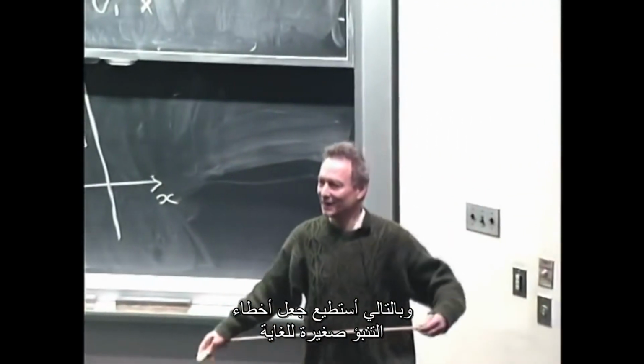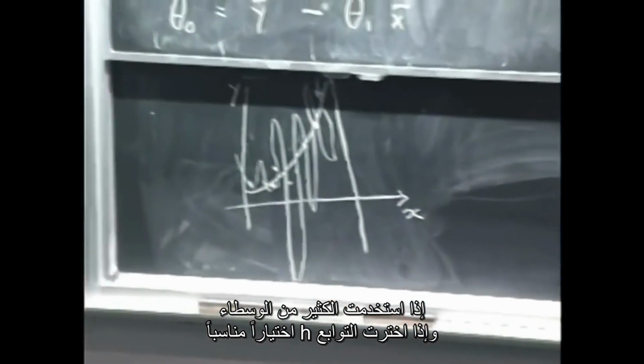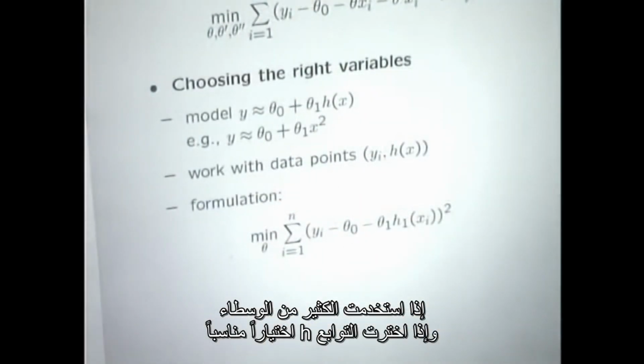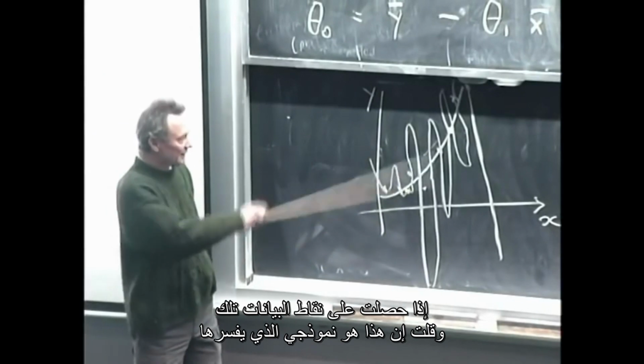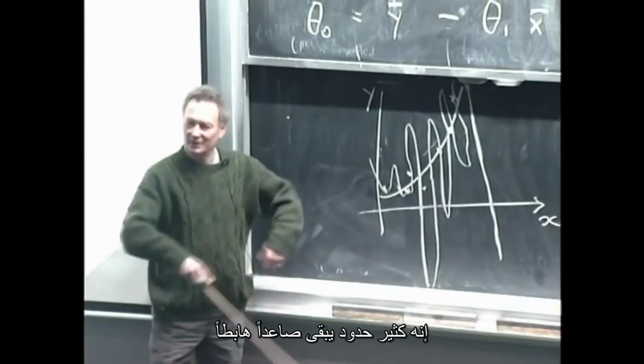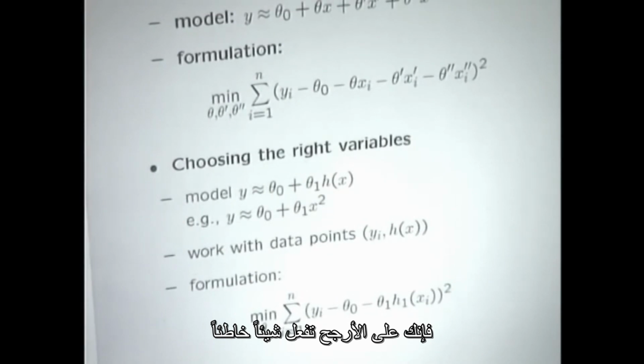So I can make my prediction errors extremely small if I use lots of parameters and if I choose my h functions appropriately. But clearly, this would be garbage. If you get those data points and you say, here's my model that explains them, that has a polynomial that keeps going up and down, then you're probably doing something wrong.